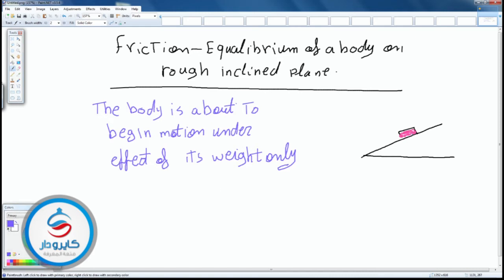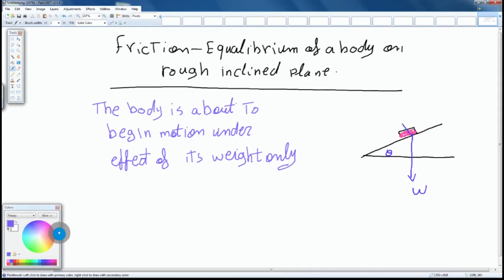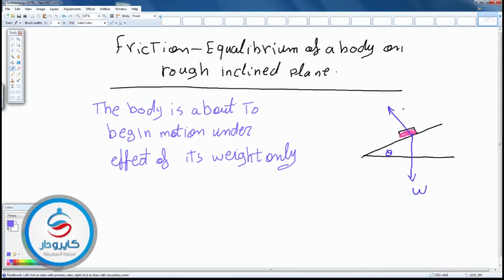طبعا احنا عارفين ان الويت acting downward vertically. If this is theta, the angle of inclination, and we have here the normal reaction. Now don't forget to write this is again theta, and this is the component of weight.